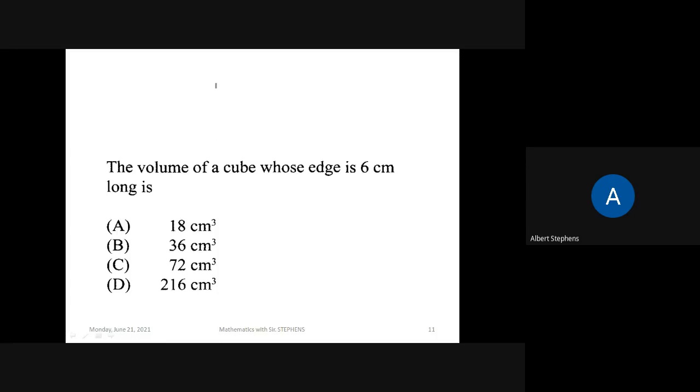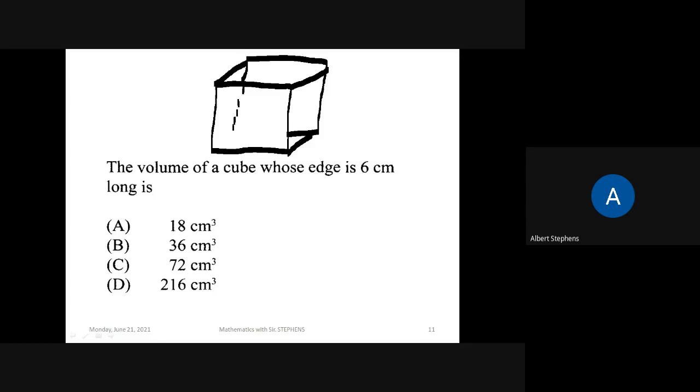What's a cube? A cube is like a Rubik's cube, or like a die. What's so special about the cube, class? All sides are equal, sir.